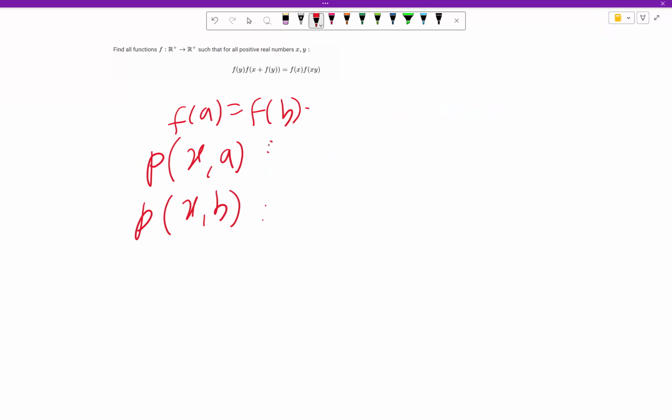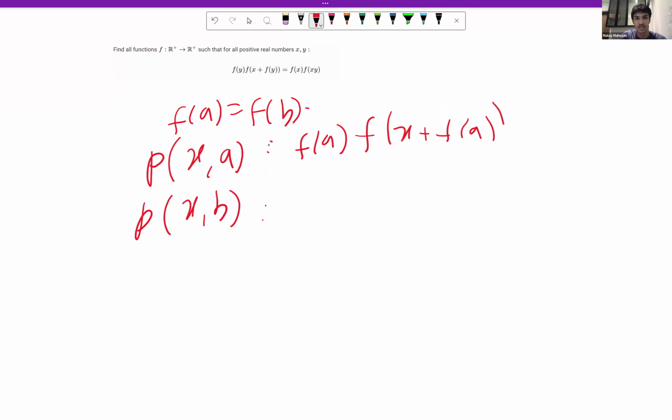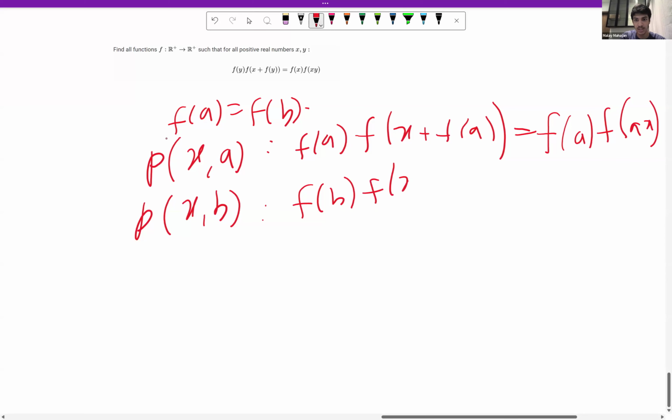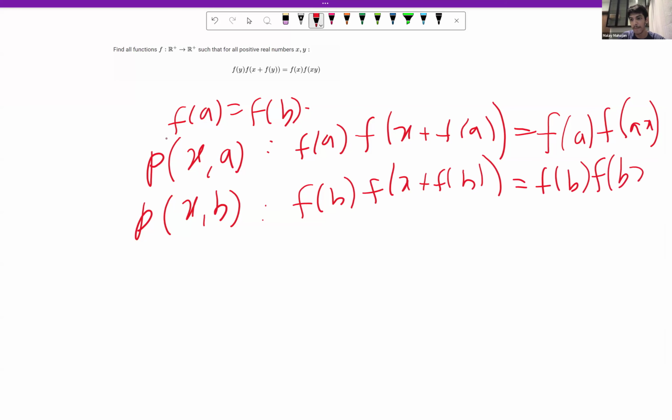You get FA f of X plus FA equals f of A f of AX, f of B f of X plus FB is FB f of BX. And the point is these two terms are same, these two terms are same, these two terms are same. So you get f of AX equals f of BX.